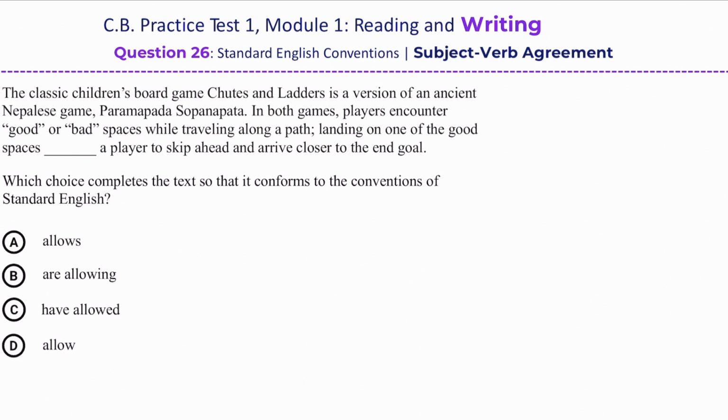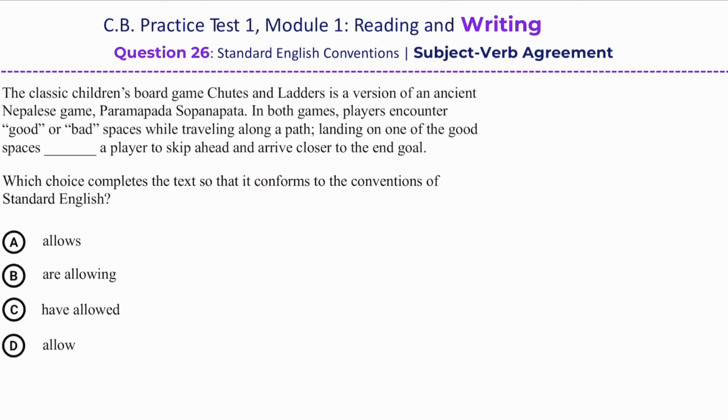Which is the benefit of being able to take this broad concept, standard English conventions, which is the language the SAT uses, which I don't like, and make it more narrow. The specific concept is verbs, but verbs by themselves is still very broad, because there are different ways the SAT can test you on verbs.